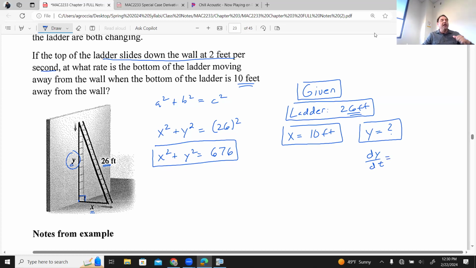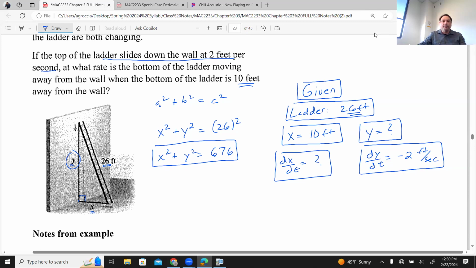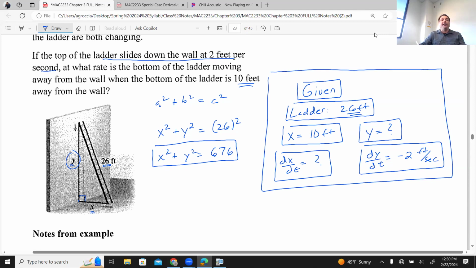Since the ladder's falling downward, we call it -2 feet per second. This is where we're introducing a rate. Okay? But they didn't tell me dx over dt. That's not given. So if we pause there, look at what is given, and look at our starting equation and how we got it, let's just pause there and make sure we're comfortable.